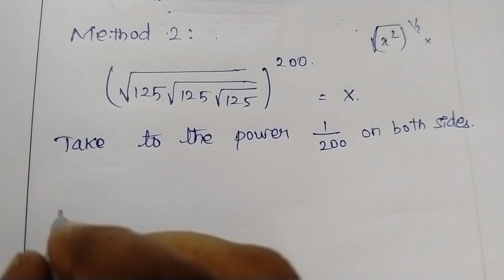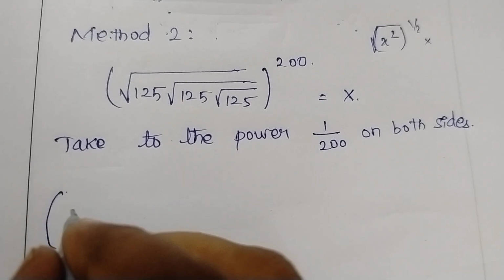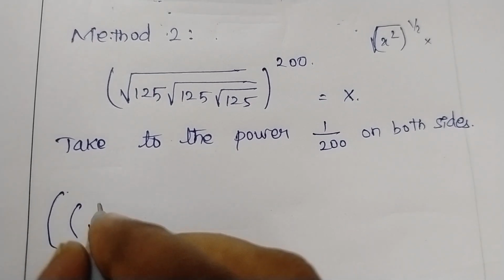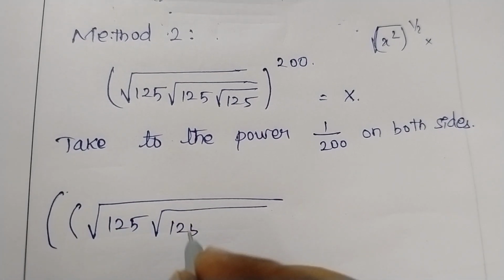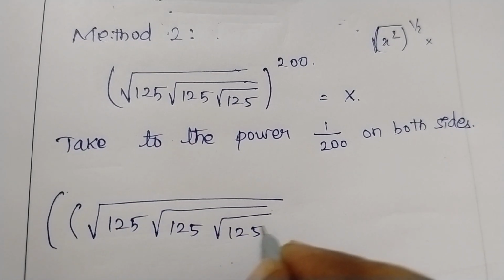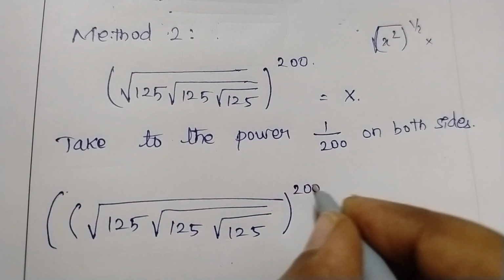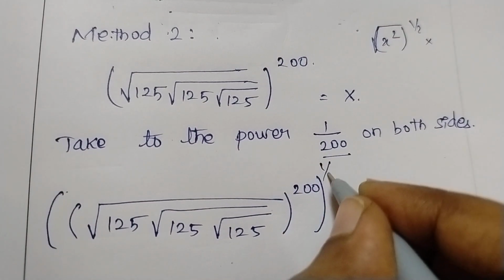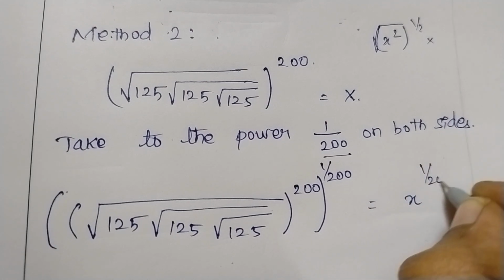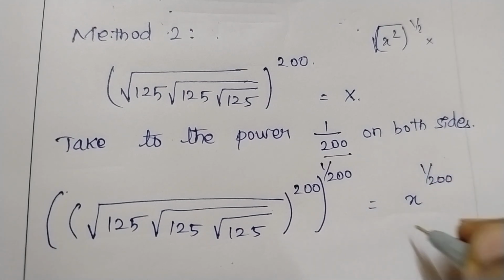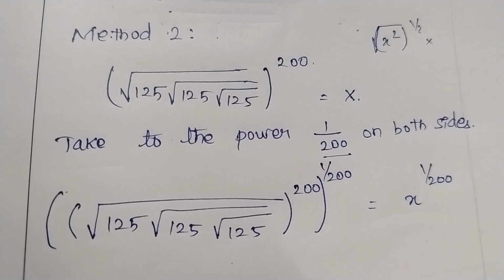So therefore, take a whole bracket, inside the bracket root 125, root 125, root 125, the whole power 200, to the power of this 1 by 200, which is equal to x power 1 by 200, because 1 by 200 on both sides, right? So I give this value to x also.